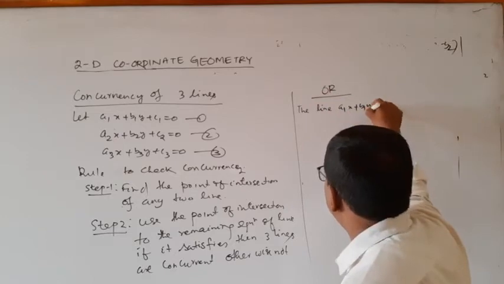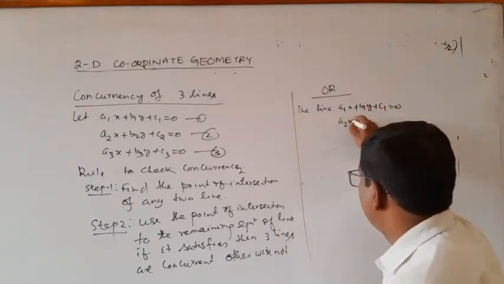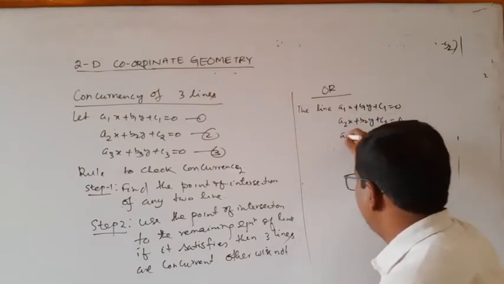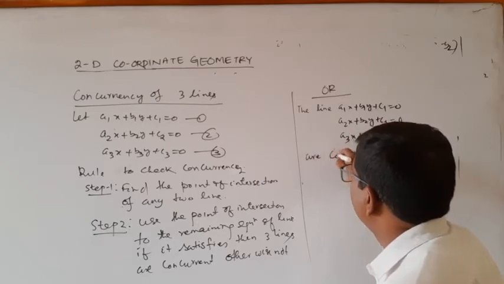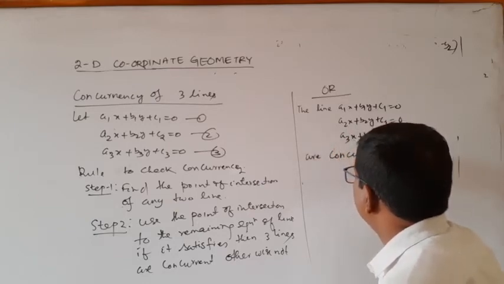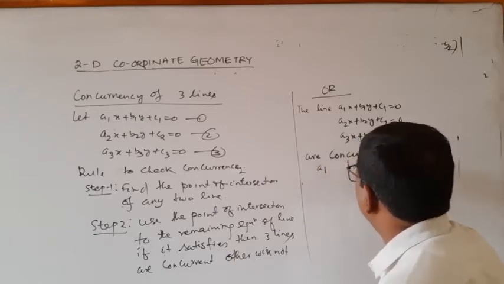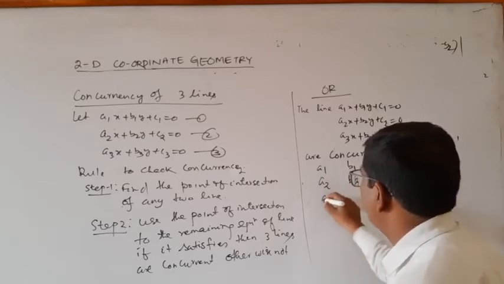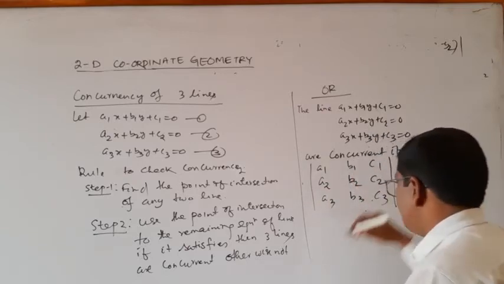Or one method, that is the determinant method: the three lines a1x plus b1y plus c1 equal to 0, a2x plus b2y plus c2 equal to 0, a3x plus b3y plus c3 equal to 0 are concurrent if the determinant of a1 b1 c1, a2 b2 c2, a3 b3 c3 has value 0.